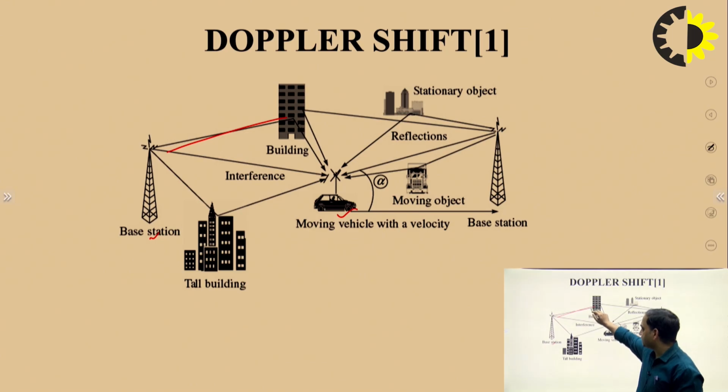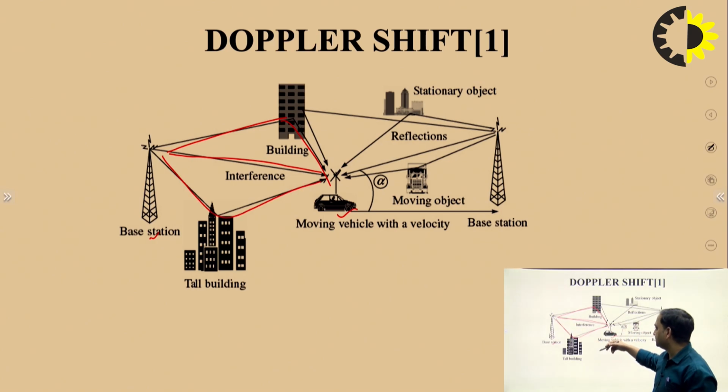That obstacle may be a building, or there may be the direct path, and there may be some other tall buildings, which may be the reason when we have a receiver which is moving in nature. So multiple signals can come from base station 1 and base station 2.